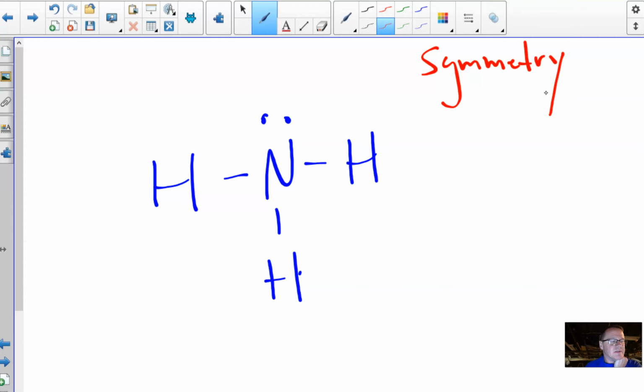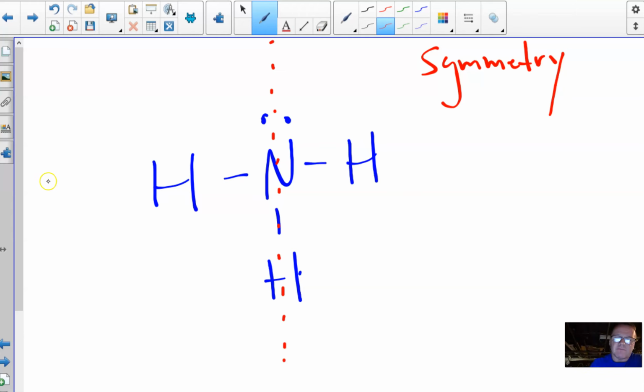So when I look at this Lewis structure for ammonia, I want to look at symmetry in all aspects, not just over a certain axis. If I just drew a line right down the middle, then it looks like I've got perfect symmetry, and I do. Everything on the left side is the same thing as on the right side.